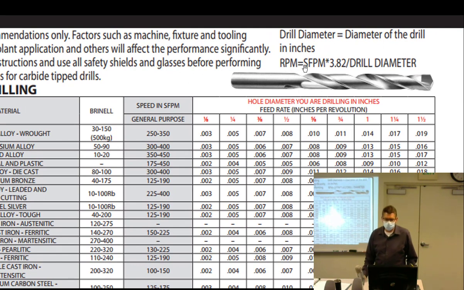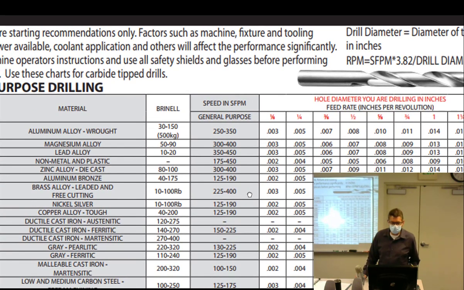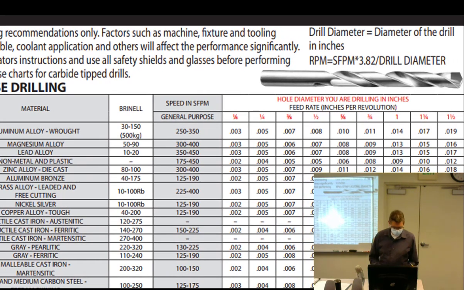The RPM is SFPM times 3.82 divided by drill diameter. So what would be the proper speed to use for a number 30 drill bit? You should be able to see it all. You see it? So the speed is 300.